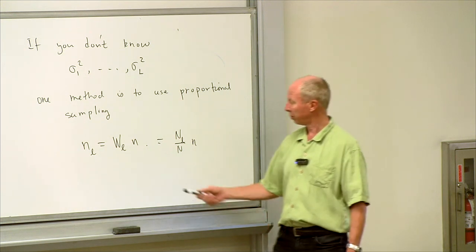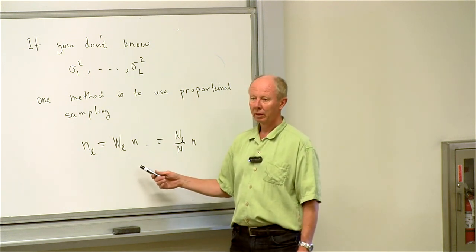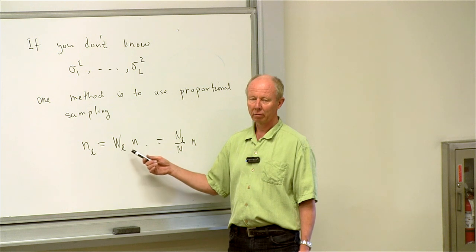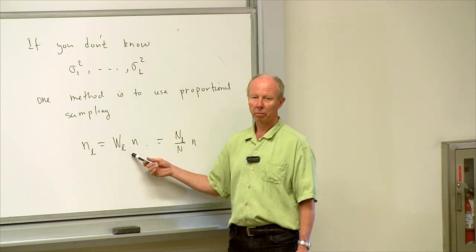Right, you just sample from the Lth strata the proportion of individuals in the Lth strata compared to the whole population.